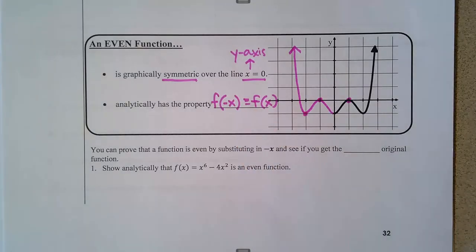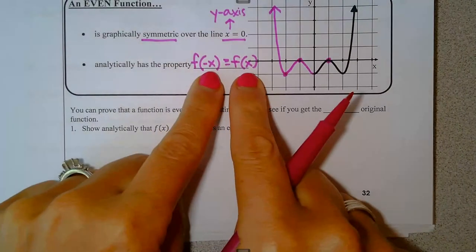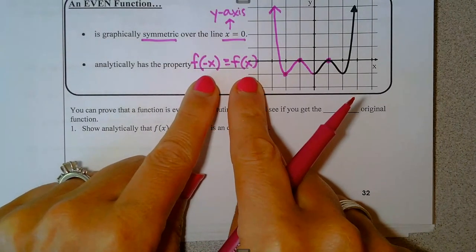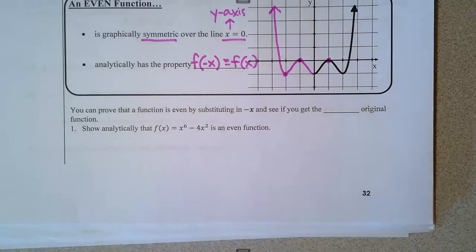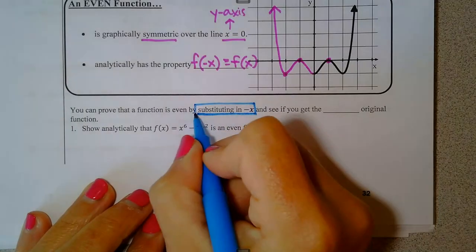Okay, so let me show you how this works. What this means is, they're going to ask you, is it odd, even, or neither? Okay, you have 3 choices. You can do the same exact thing for all 3 choices. What you are going to do is substitute in a negative x.